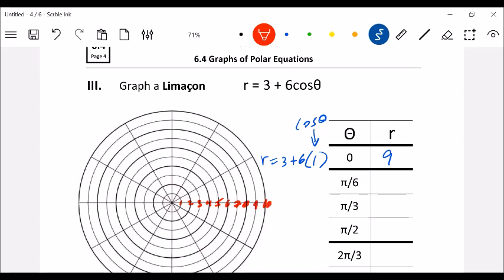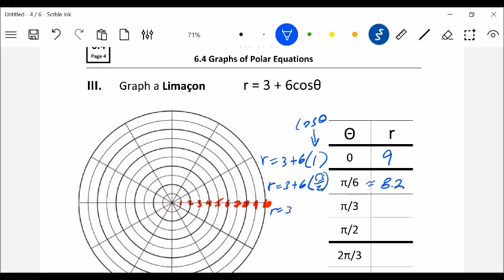Okay, pi over 6, I'm going to do the same thing. r equals 3 plus 6 times cosine theta, and if theta is pi over 6, we have square root of 3 over 2. So that gives us approximately 8.2.